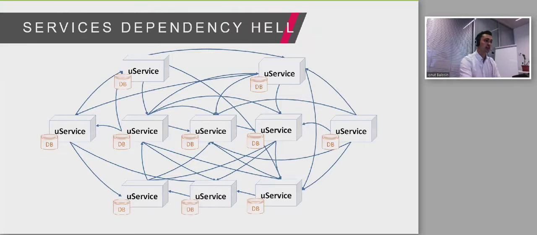Another thing is that, if you use services or the microservices pattern, it doesn't really matter. You may end up with a lot of dependencies across those microservices, which makes your life even more difficult. Imagine, for example, if you want to replace or upgrade one service, how many other services will be impacted by that upgrade or by that replacement.